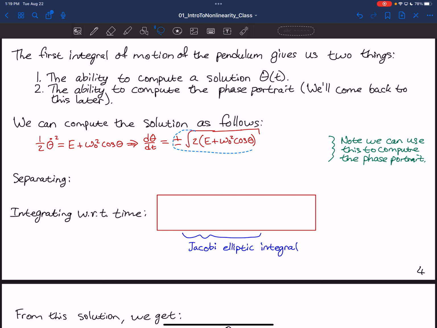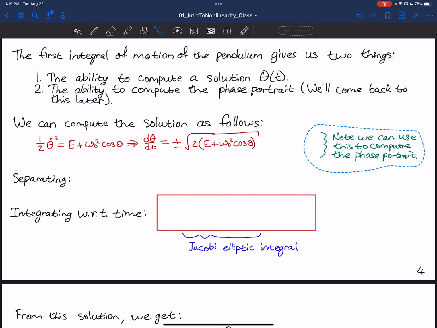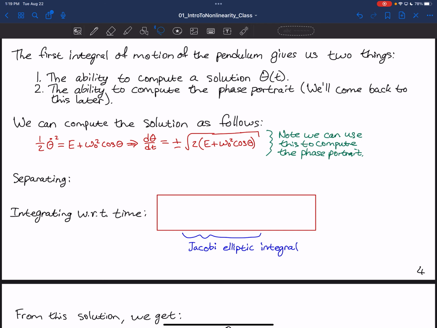And then from here, what we have is now the angular velocity equal to a function of the angular displacement, and we could then compute what's known as the phase portrait.